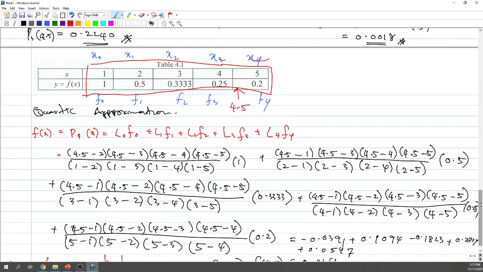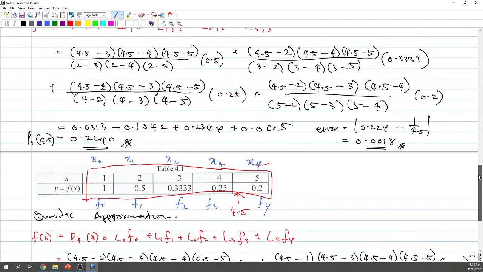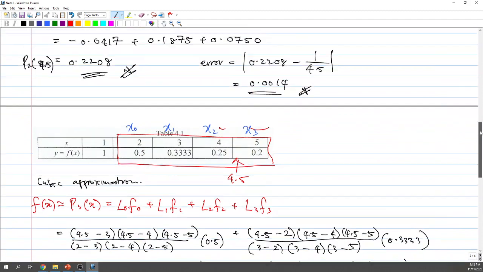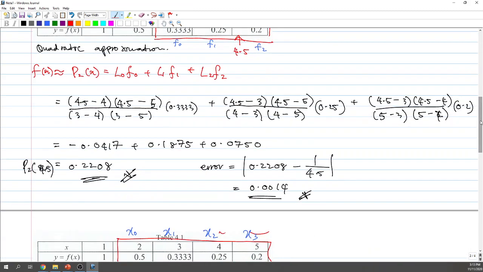So the lowest errors now are 0.06, 0.18, and 0.14, so the quadratic is the best method to predict this kind of value.